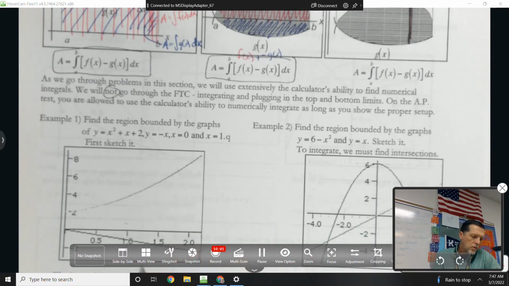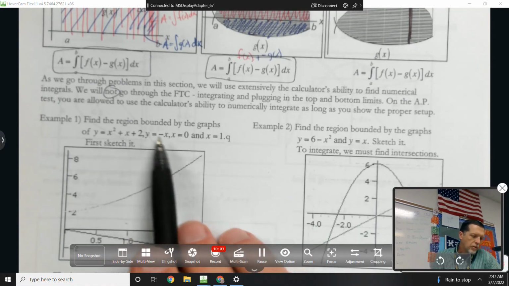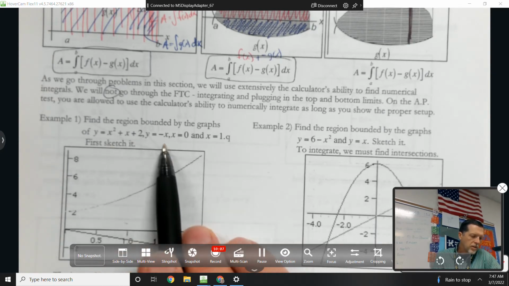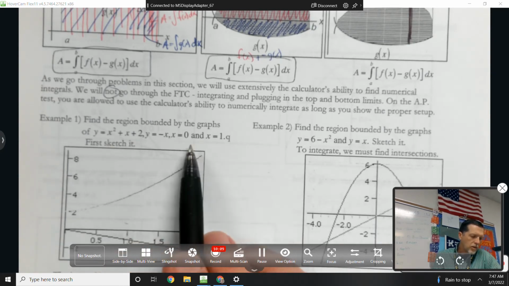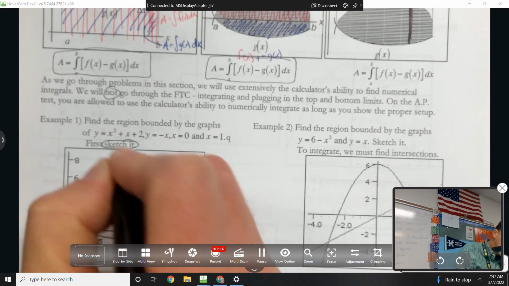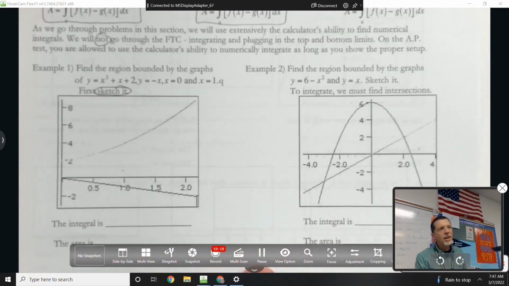Example 1. Find the region bounded by the graphs. One's a parabola, one's a line, x equals 0, and x equals 1. First, sketch it. Well, sketching it is provided on this one, but it's not a trivial thing because you have to get the top one correct. You have to know which one is the top one.